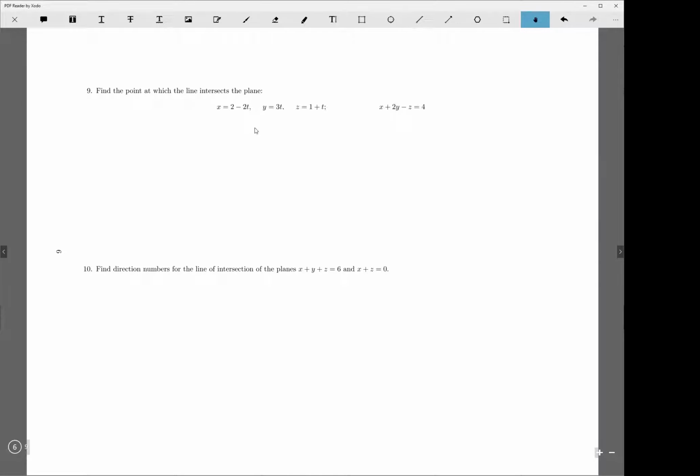So I'll let you guys think, what do you think we should do with this? How do you think we should find where the line intersects the plane? So here's the line, here's the plane. Can you plug those equations into the big equation? Exactly. So here's the equation of the plane, right?